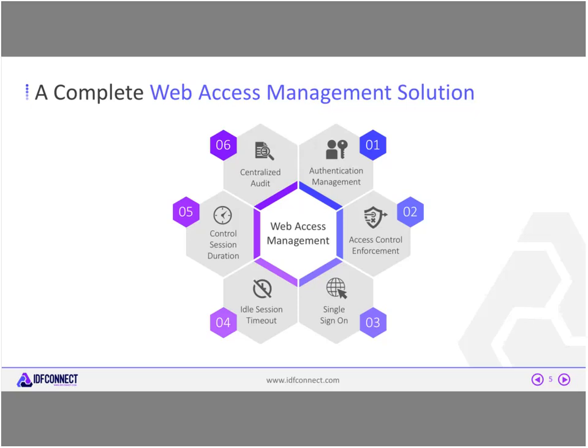Centralized audit is the very simple ability to know in an audit trail every single activity that a user has undertaken within a given session across all the disparate applications. So if the user is going from app 1 to app 2 to app 3 back to app 1, all in the lifespan of a session, the centralized audit capability lets you know all of the things that the user has undertaken in that session.